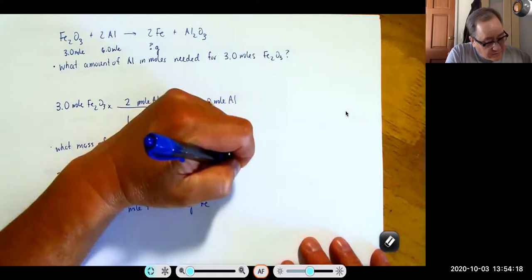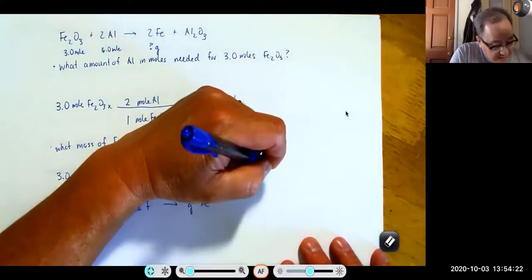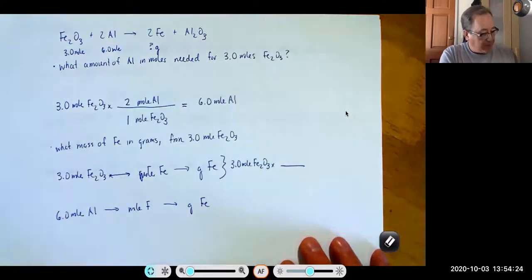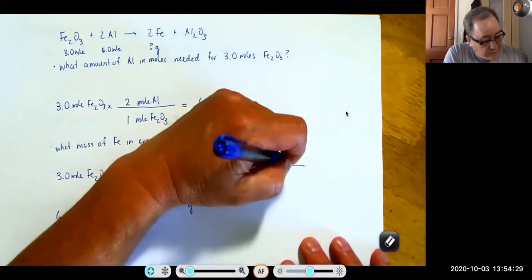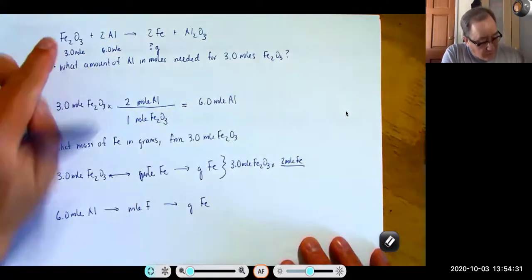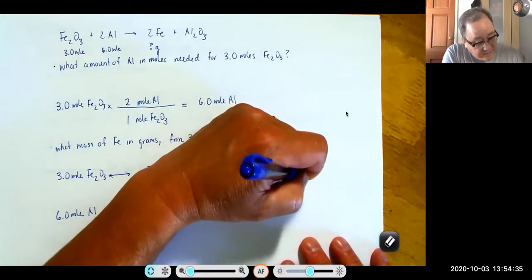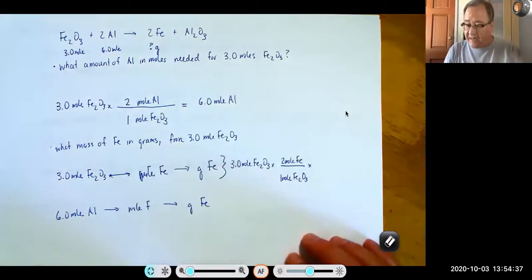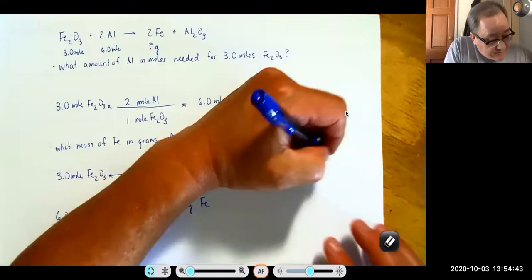3.0 moles of iron(III) oxide times 2 moles of iron to 1 mole of iron(III) oxide, and then times, and I need the molar mass of iron, which is 55.85 grams.